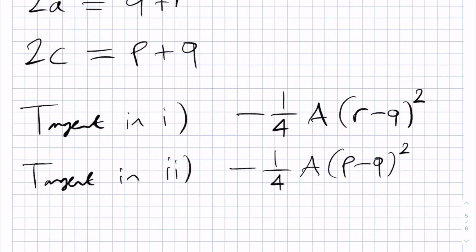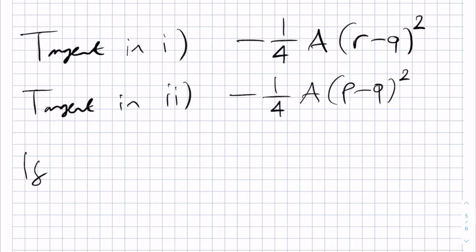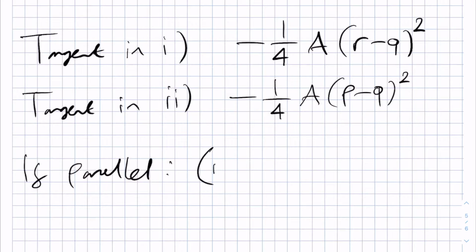So one direction of the if and only if. If the tangents are parallel, then we have that these two things here are equal. And this only happens, because a is a non-zero constant, if the squares themselves are equal.